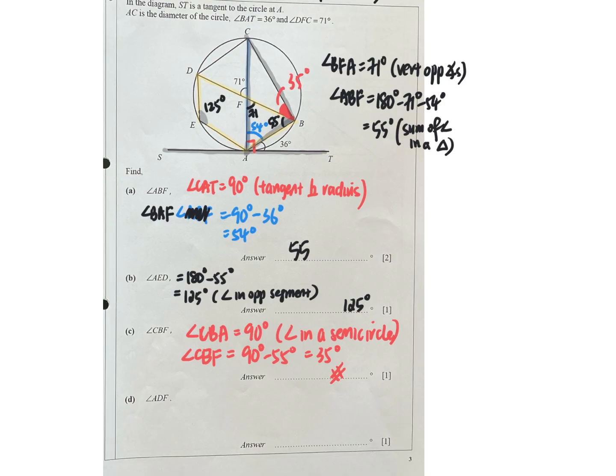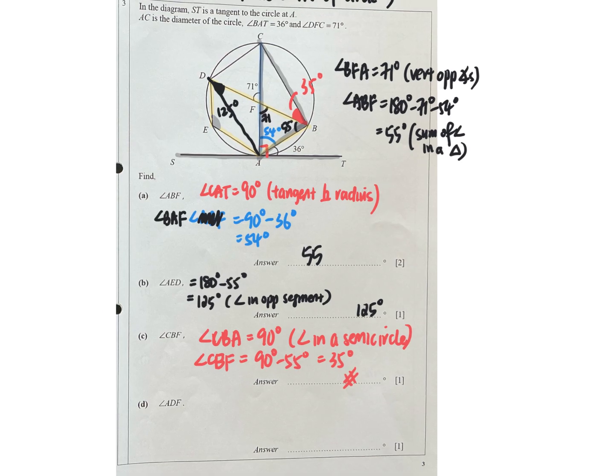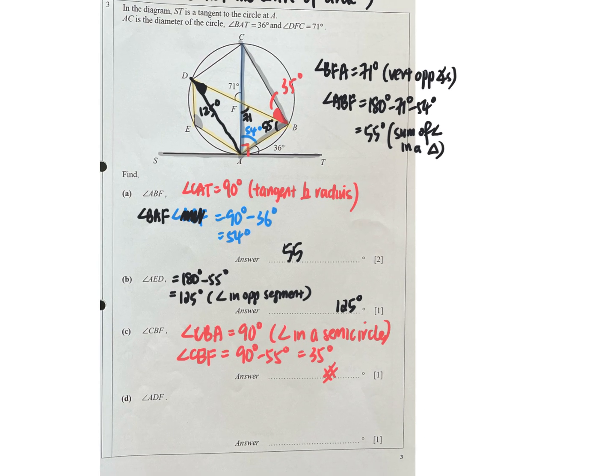Okay, last one is ADF. They want you to add in one line. This one. So straight away, you should suspect that must have butterfly somewhere that you can use.